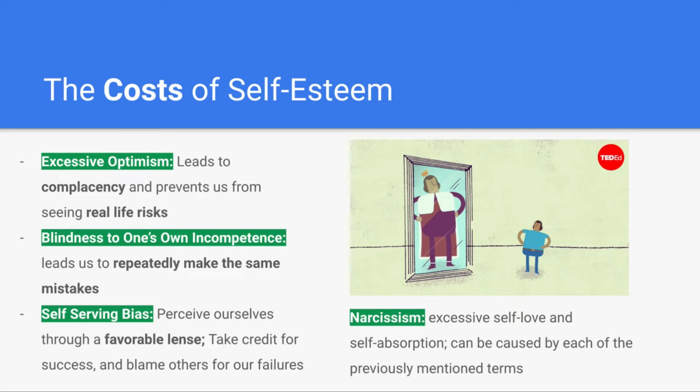But let's also understand blindness to one's own incompetence, which is when we are blind to the fact that we actually aren't very good at something. A common example of this is when people are too optimistic about their abilities to cram before a big test. Students always perform better by studying in advance, not cramming. But overly optimistic students may regularly decide to trust themselves a little bit too much and cram the period before, even though it never works out in the end.